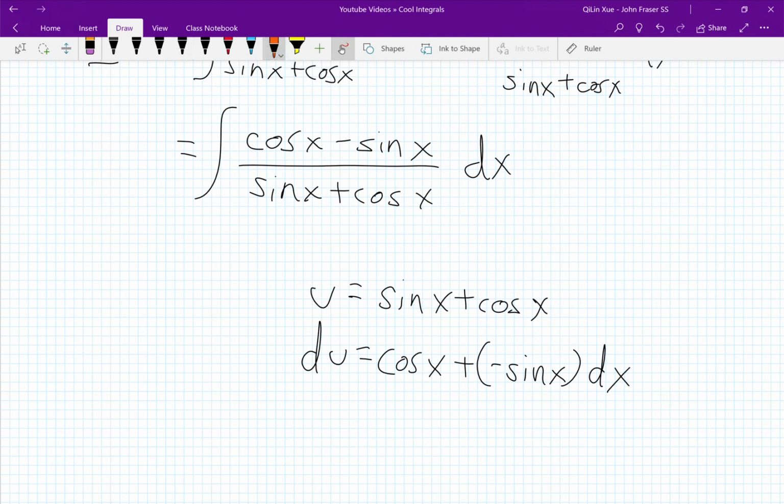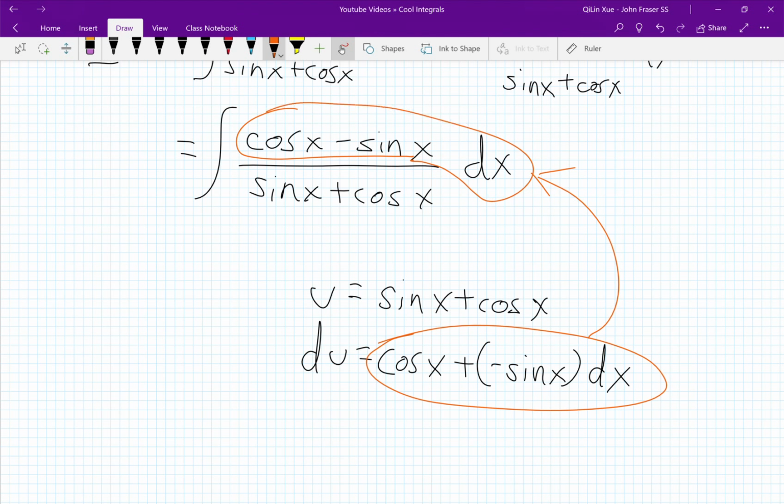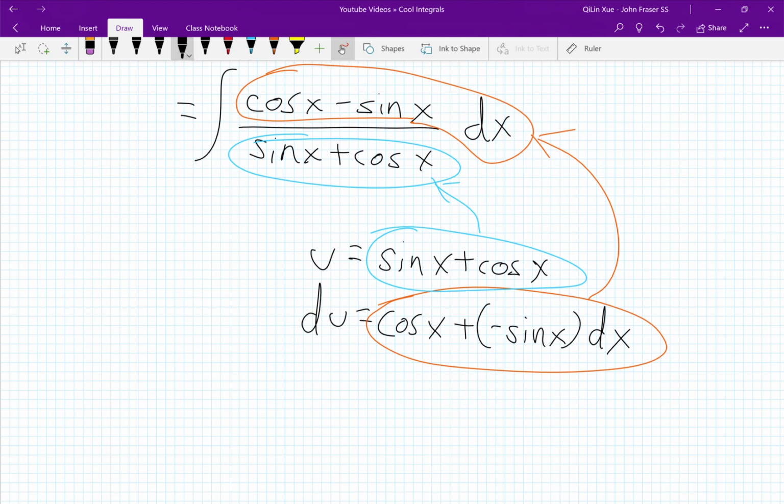Now we can find du in our integral really easily, as it's just the numerator. And we can find u really easily, as I said, it's just the denominator. So we can simplify everything to just the integral of 1 over u du, which we know is the natural log of the absolute value of u plus c.